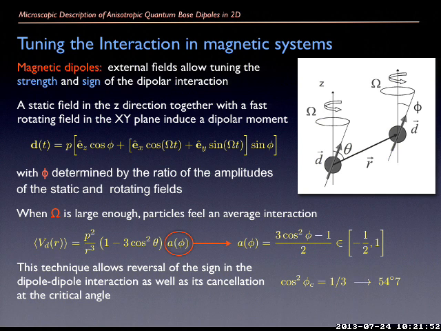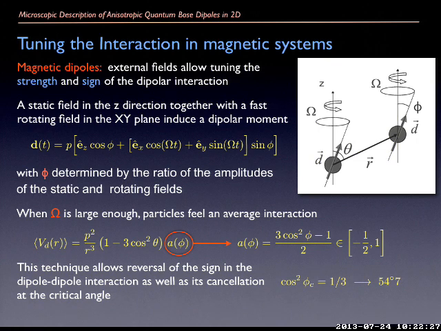But if the rotation is fast enough not to excite internal degrees of freedom of the system, it turns out that the dipolar moment in the end has a component along this line, and also something that is rotating and is modulated by this sine of phi, where phi is the ratio of the amplitudes of the magnetic field in this perpendicular direction and the field that is producing the rotation.